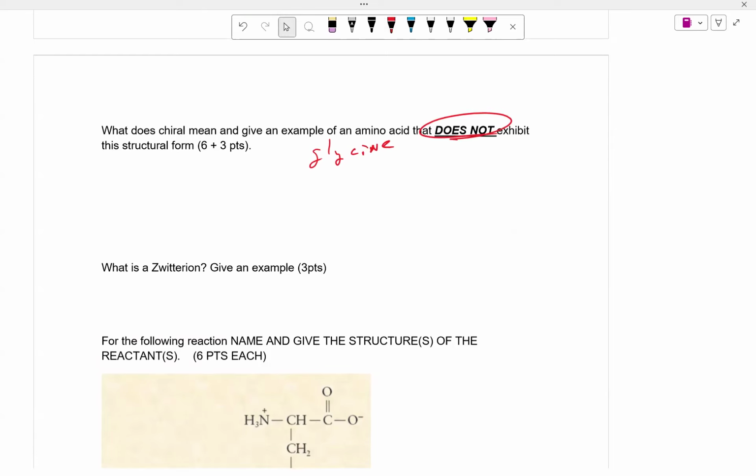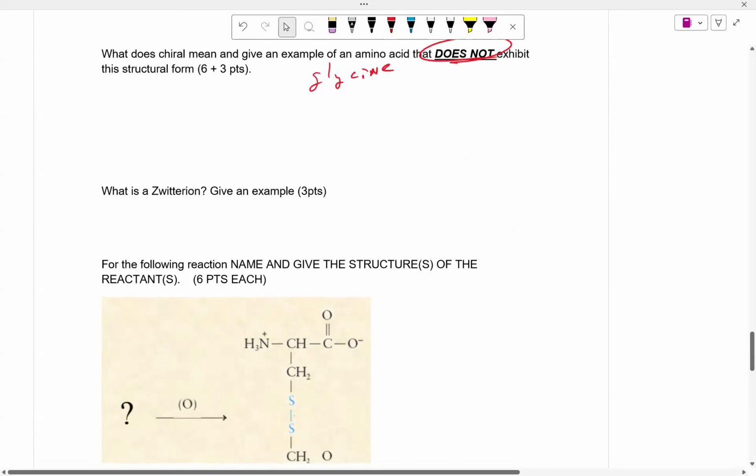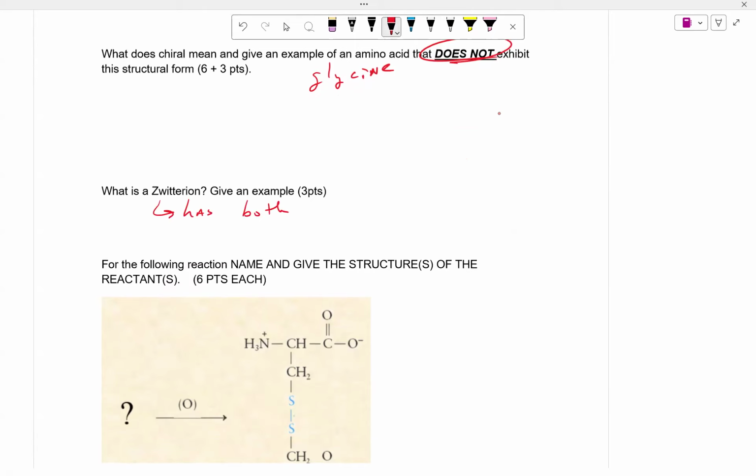A zwitterion. A zwitterion has both positive and negative charges at physiological pH.